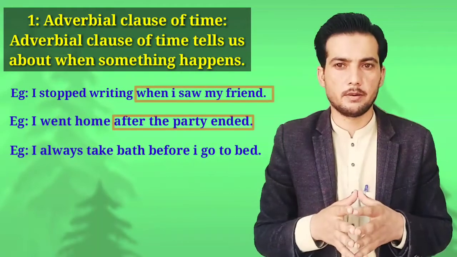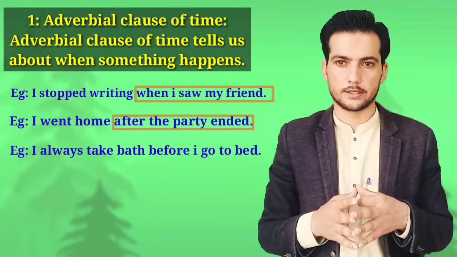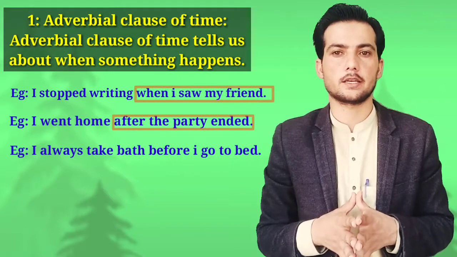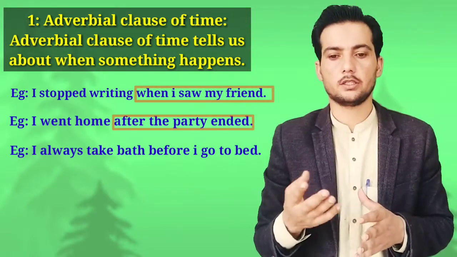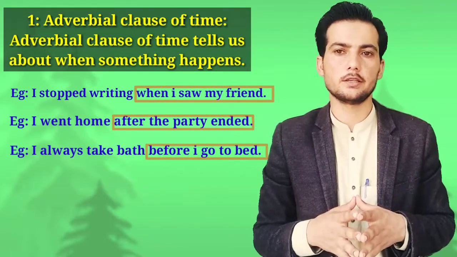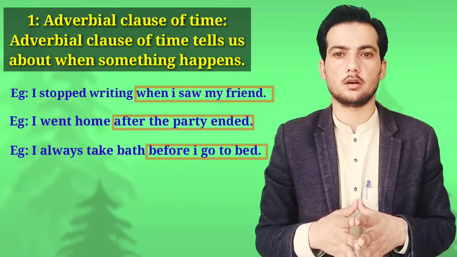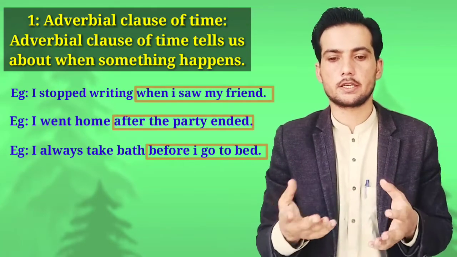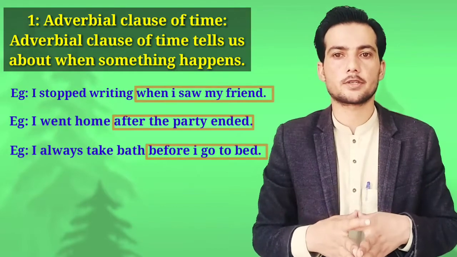I always take bath before I go to bed. This sentence consists of two clauses. The first one is I always take bath because it can stand alone. So that is why it is the independent or main clause. And look at the second clause, before I go to bed. As we have said in the definition, an adverbial clause will start from a subordinating conjunction, that is before, and it will consist of a subject and a verb.